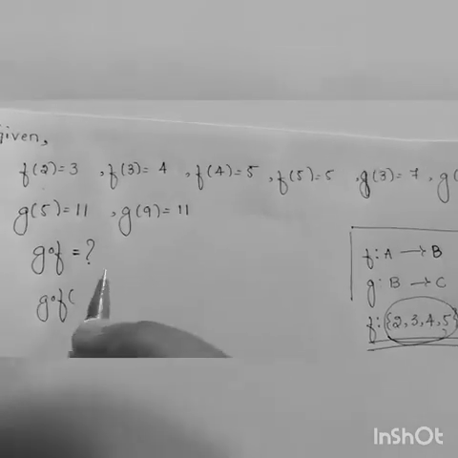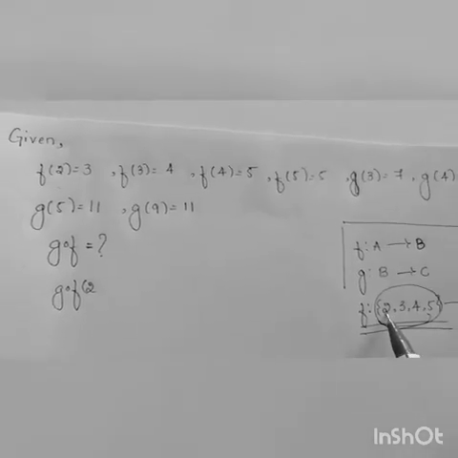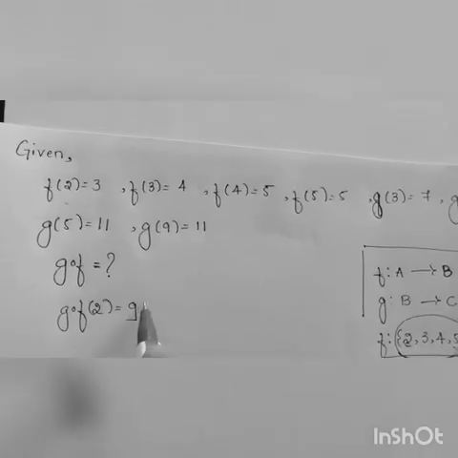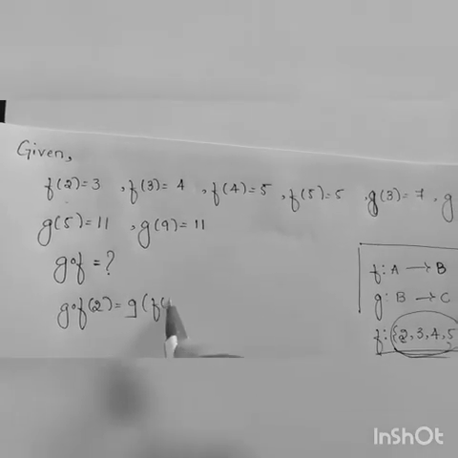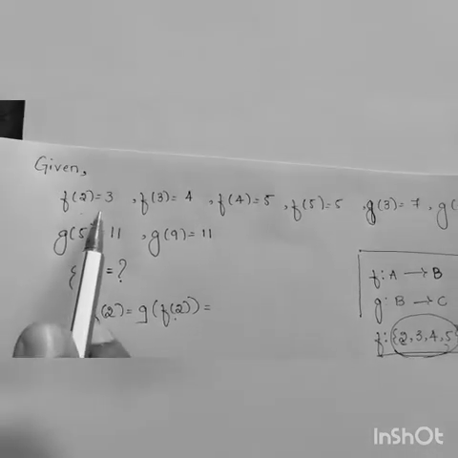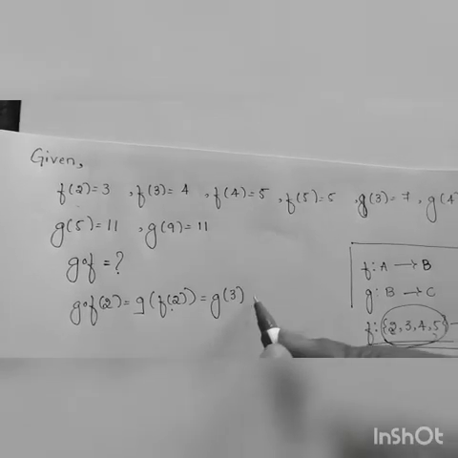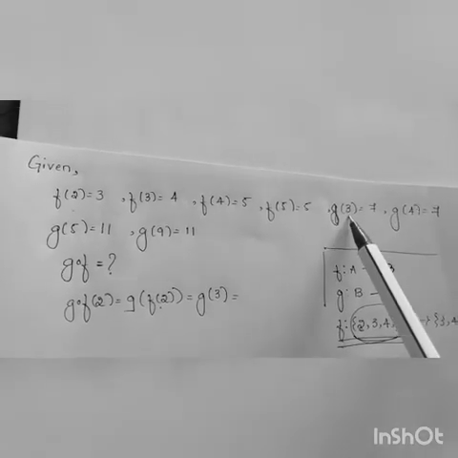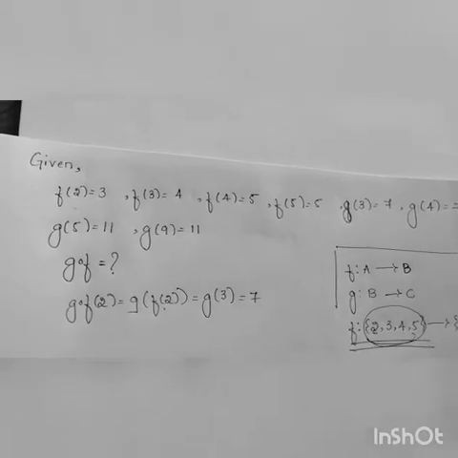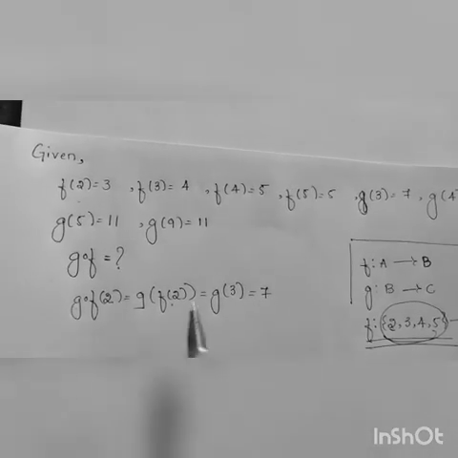Consider the first element in A: g(f(2)). What is f(2)? That is 3. What is g(3)? It is given as 7. Therefore g(f(2)) = 7.